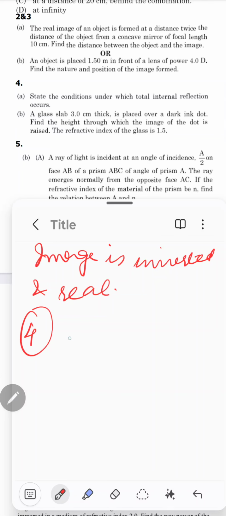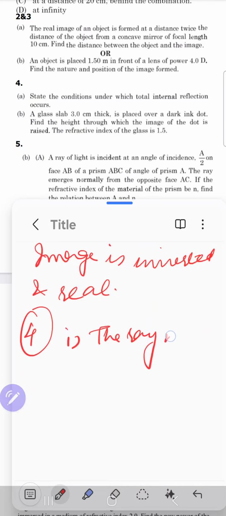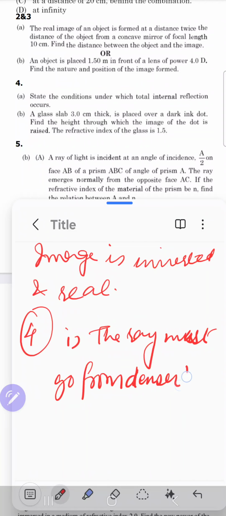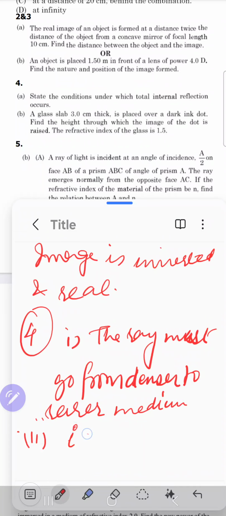One condition is the ray must go from denser to rarer medium, and the second condition is the angle of incidence must be greater than the critical angle. Only then would total internal reflection take place, otherwise it will not.